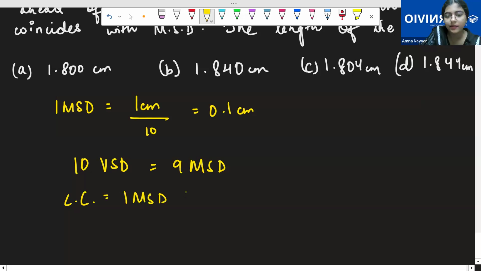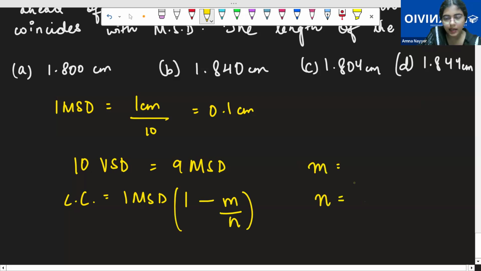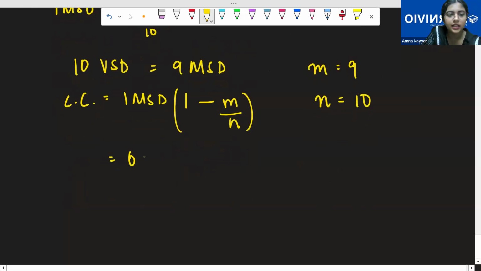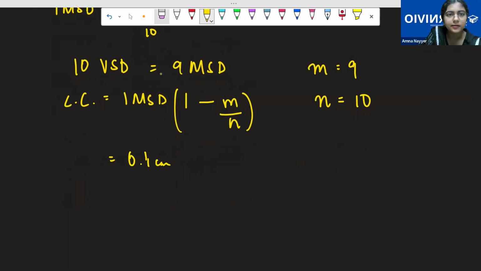What's the formula, Maha? 1 minus M by N. From here, just tell me what is M, what is N? N will be 10, M will be 9. From here, if you put the value, MSD is 0.1 centimeter.